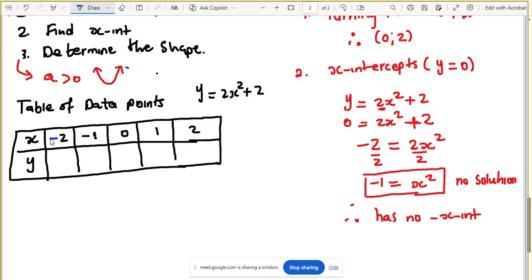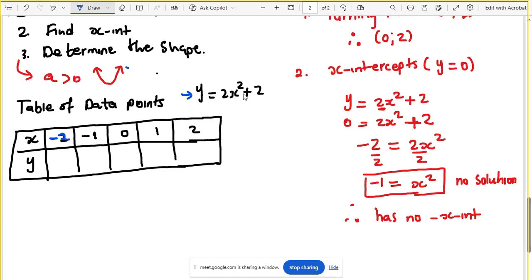Can you please put -2 in this equation? Where there's x, I need you to put -2. What do you get? I need you to practice using a calculator. It's going to be 2 times -2 squared plus 2.